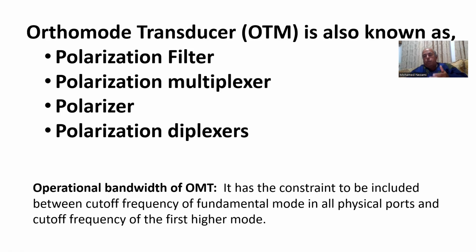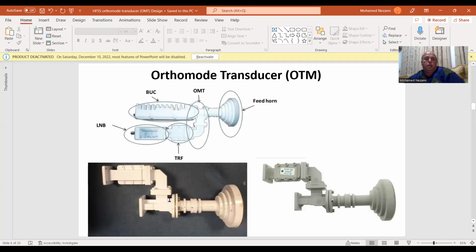So for instance, if you were exciting them with TE10, the second mode would be TE20. So basically the OMT has to operate somewhere between the cutoff frequency of the fundamental mode to a certain safety margin from the cutoff frequency of the next higher order mode.